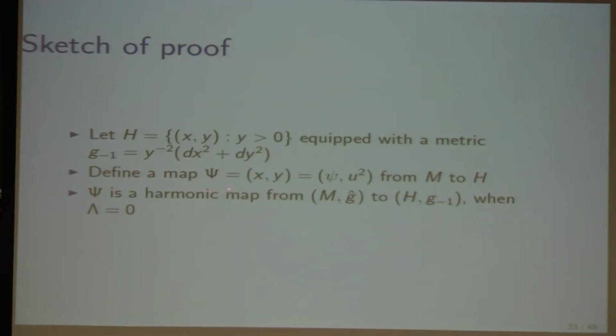And we define a map psi equals (x, y), where x is the psi we defined before and y equals u squared, from the space-time manifold to H. We can show that if lambda, the cosmological constant, is 0, then psi is a harmonic map from this Riemannian manifold M equipped with the Riemannian metric G hat I defined before to the upper half plane. It is a harmonic map. This is a key point, very important.